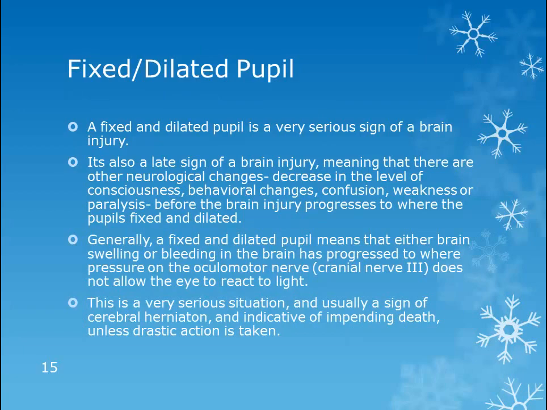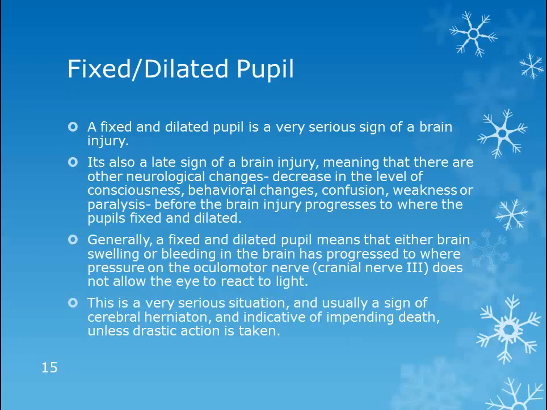Fixed or dilated pupil. A fixed and dilated pupil is a very serious sign of a brain injury. It is also a late sign of a brain injury, meaning that there are other neurological changes, decrease in the level of consciousness, behavioral changes, confusion, weakness or paralysis before the brain injury progresses to where the pupils are fixed and dilated.